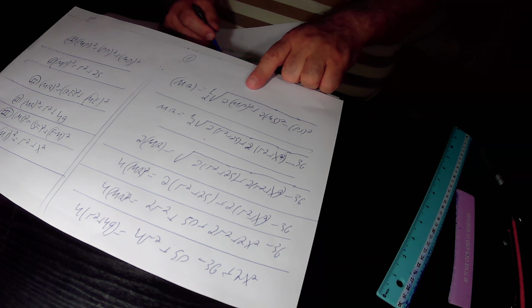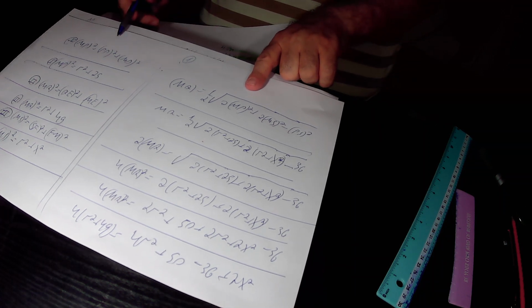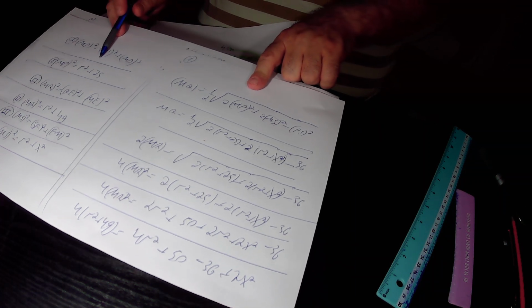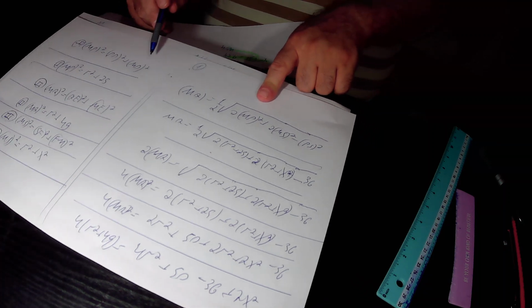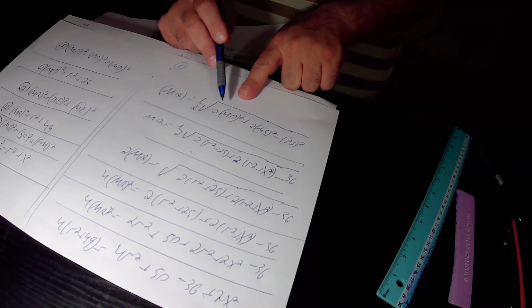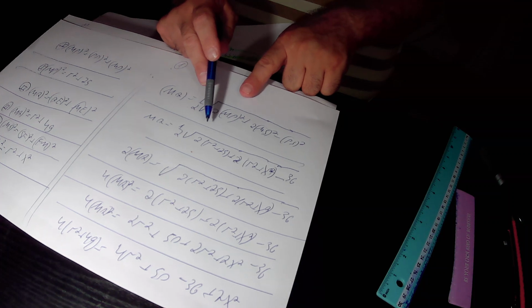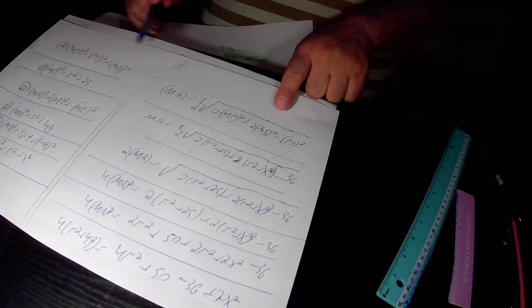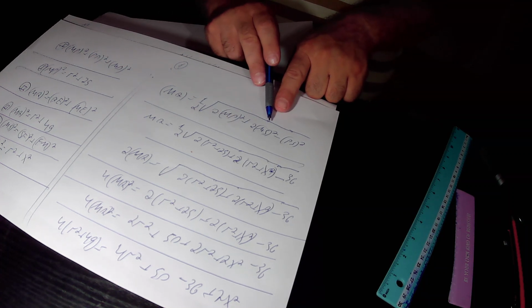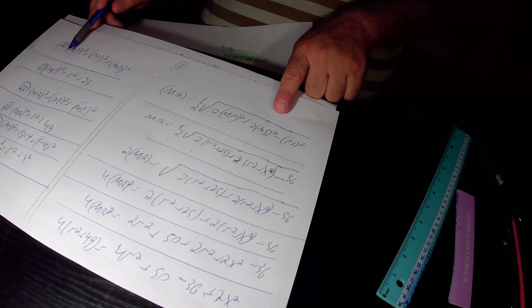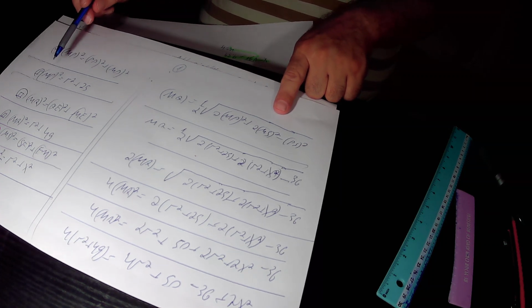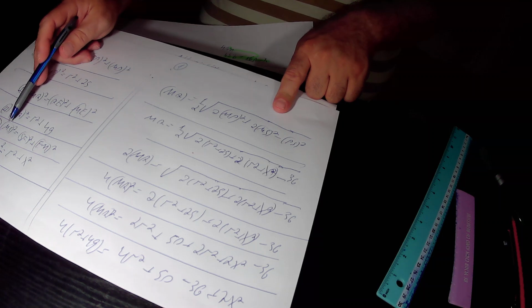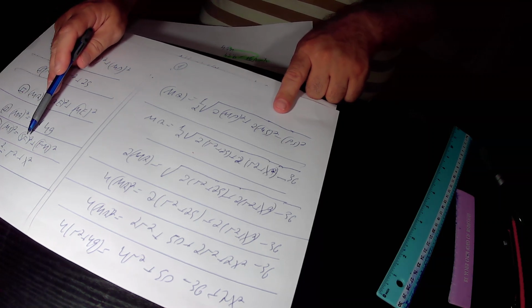So MP square is equal to R square plus 25. So we substitute MP square by R square plus 25, plus 2 MS square. MS, or SM, equals R square plus X square.